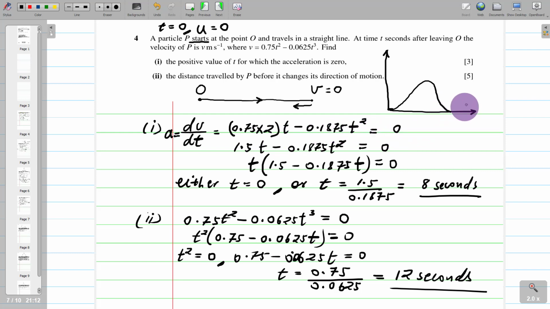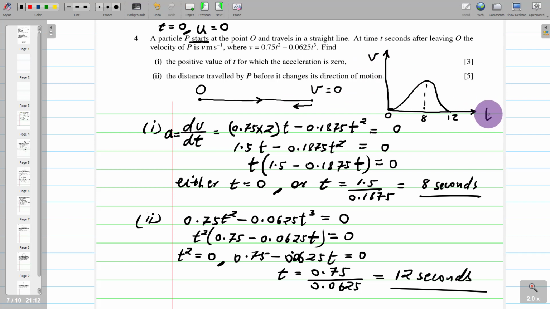That means it is another turning point, but from here all the way to this point we are able to see that it's 8 seconds, and then now this is 12 seconds. So the distance traveled by P before it changes its direction. This is the point where it changes direction because it must slow down to 0 and then start moving in the opposite direction.